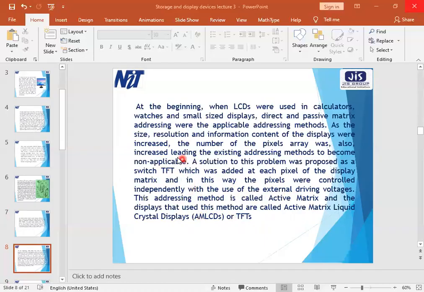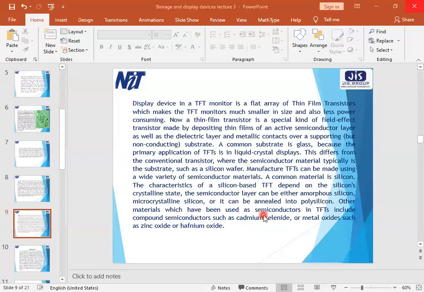Because of that, the power consumption becomes less. So the use of TFT is to reduce the power consumption in LCDs. A TFT monitor is a flat array of thin film transistors, which makes it much smaller in size and also less power consuming.